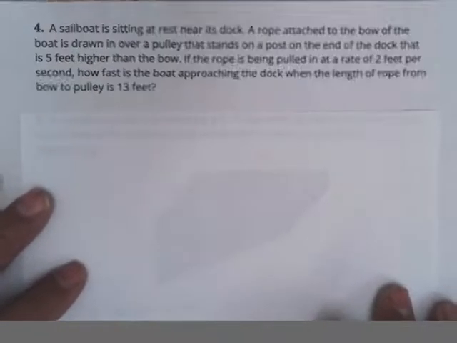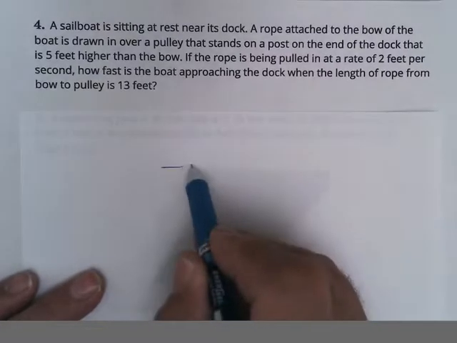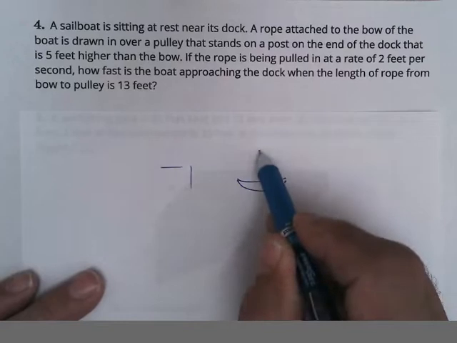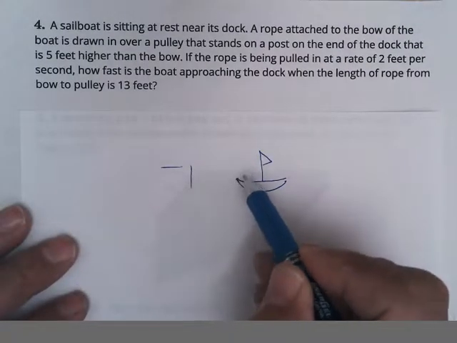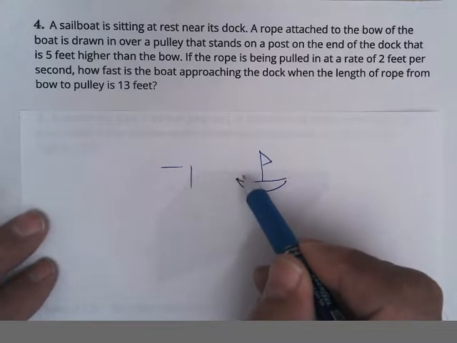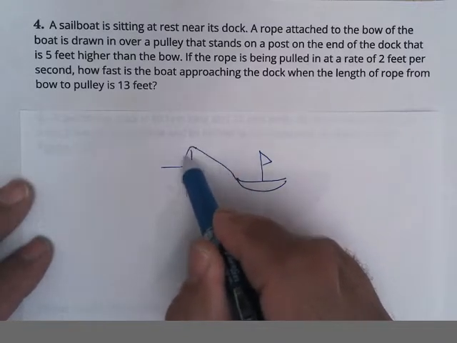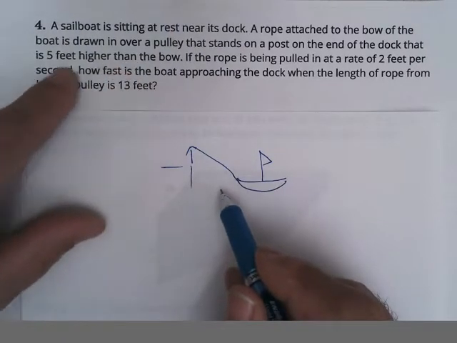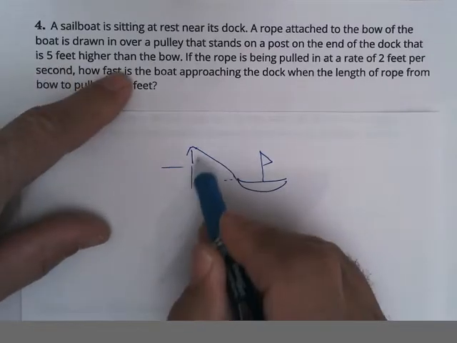A sailboat is at rest near its dock. A rope attached to the bow of the boat is drawn over a pulley on a post at the end of the dock that is 5 feet higher than the bow.